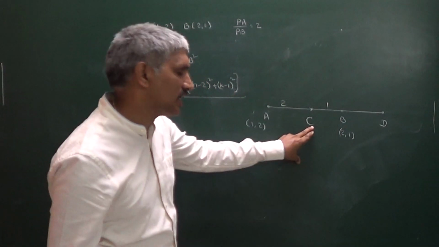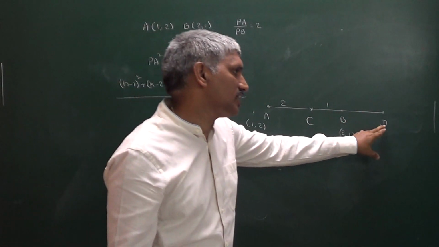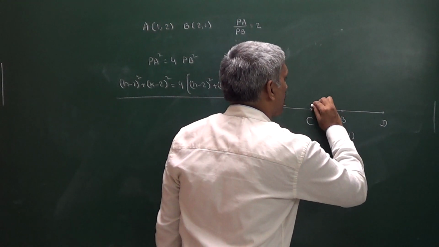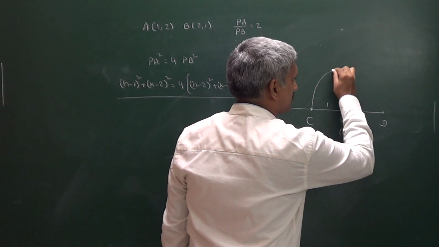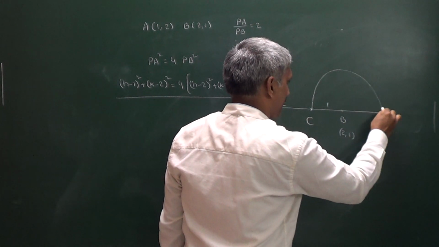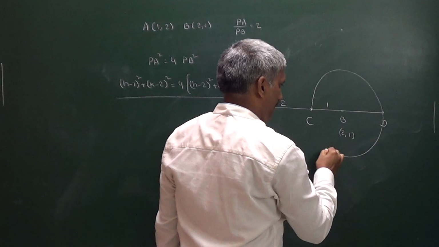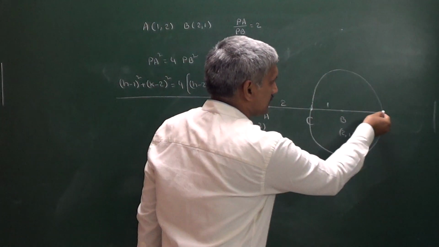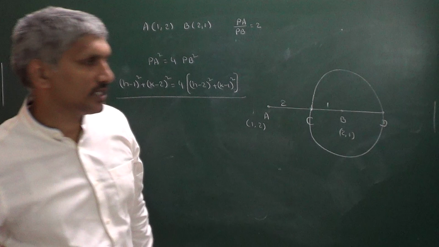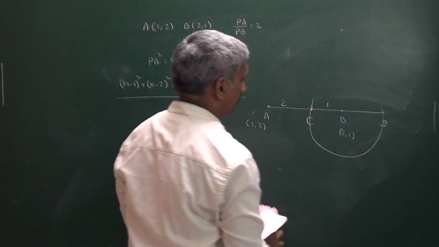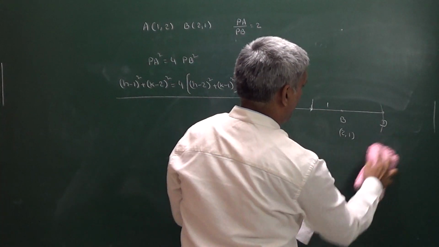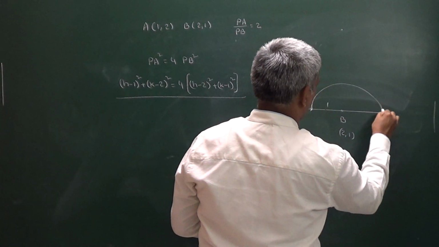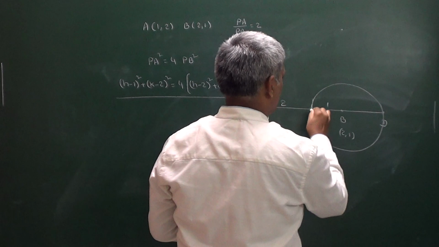This is internal division, you will get C. External division, you will get D. Now, with CD as a diameter, if you construct a circle, so this is a circle. With CD as a diameter, we are constructing a circle.